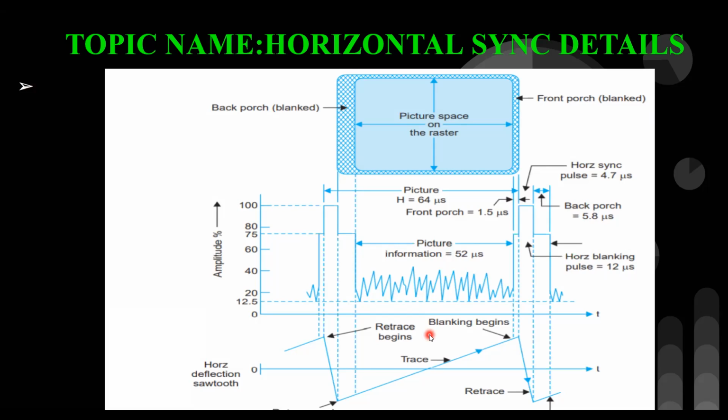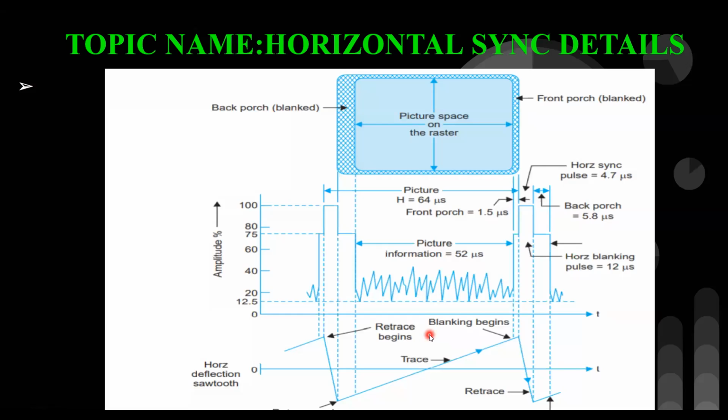In fact, the relative timings are very small. So these blanking bars at the sides have no effect on the picture details, which are reproduced during the active line period.